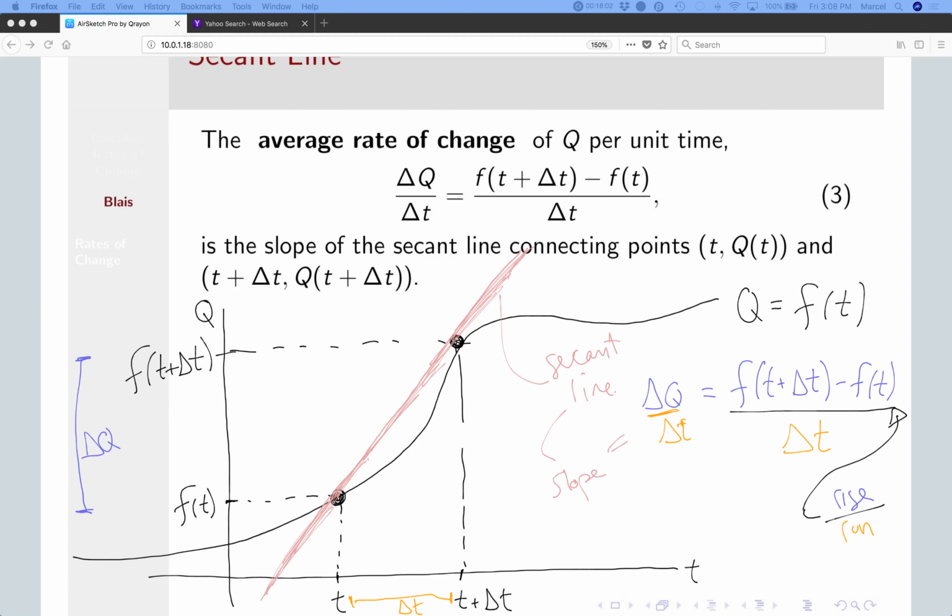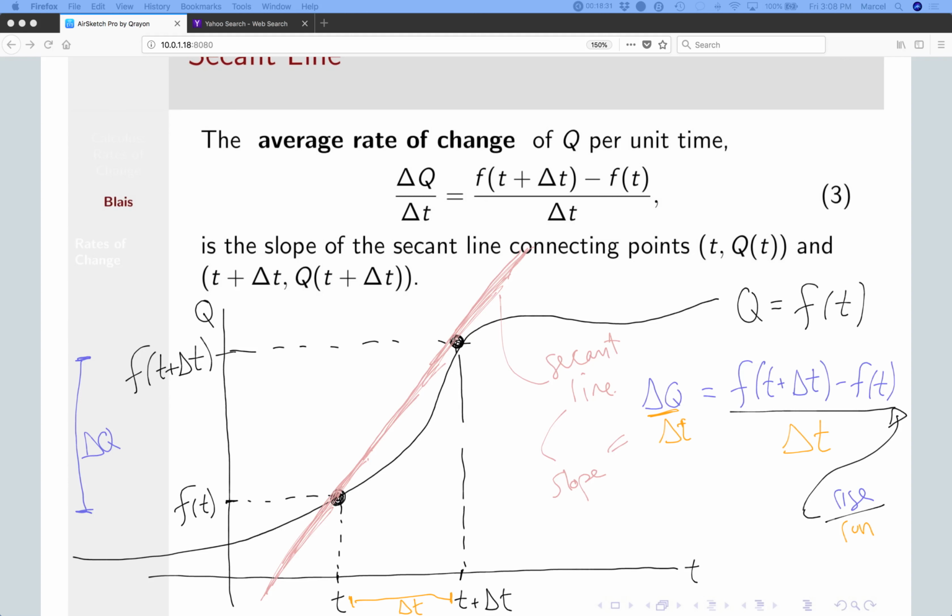And if you imagine shrinking this delta t down, that will take this point and move it along the curve, getting closer and closer to this point t, f of t. And that secant line will become more and more similar to a tangent line. And that is, in fact, exactly what we're after.